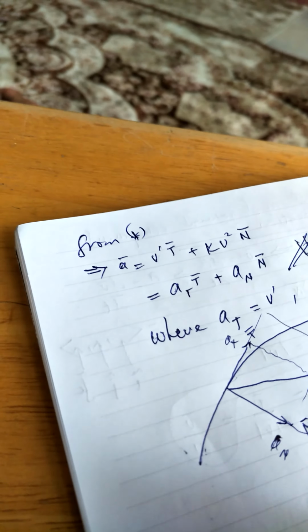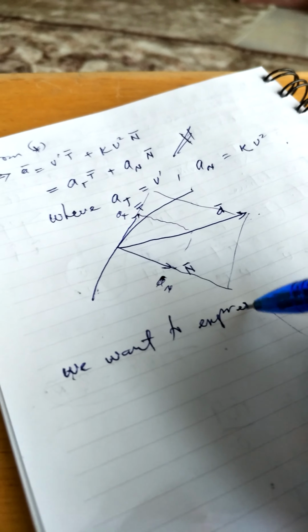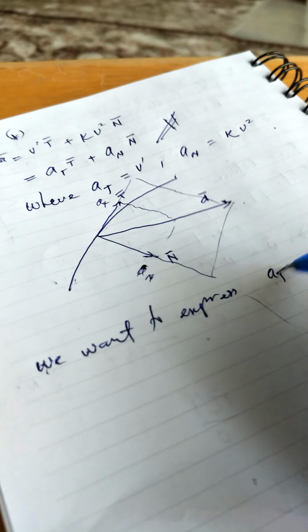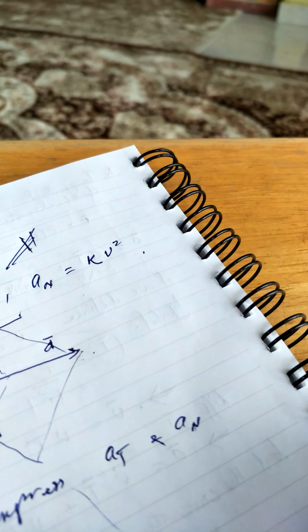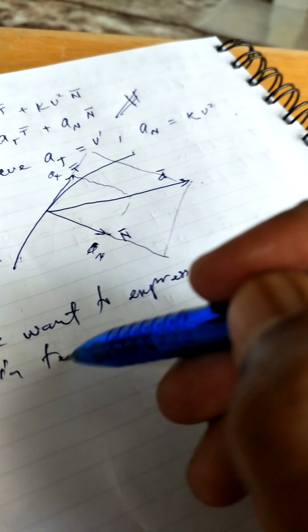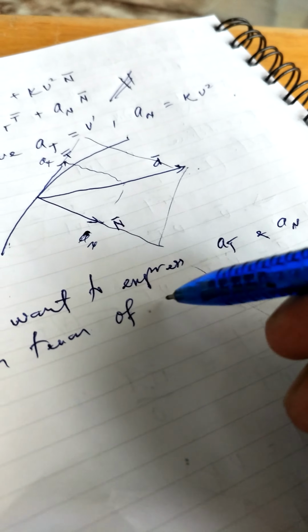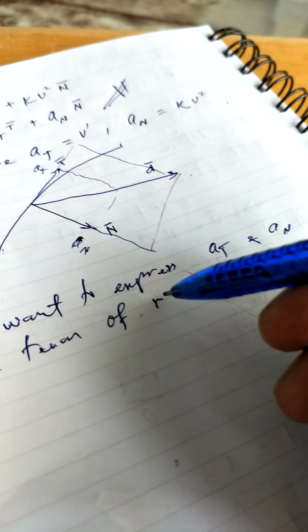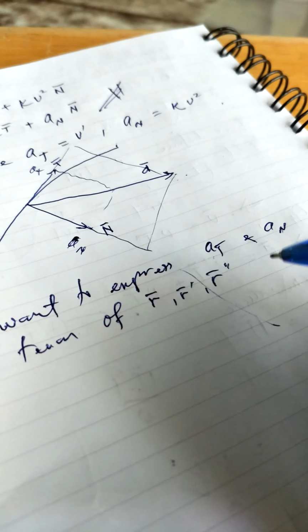Now let's try to write AT and AN in a much simpler form. We want to express AT and AN in terms of r prime and r double prime.